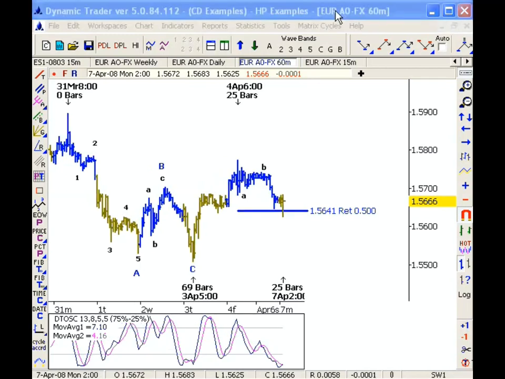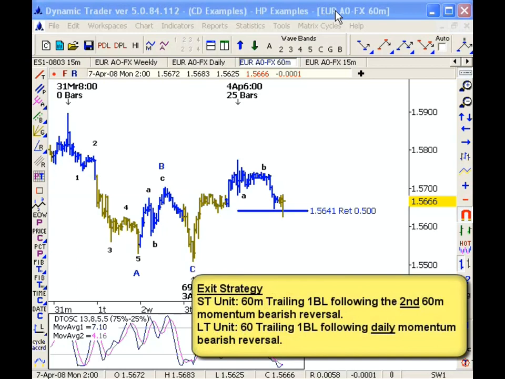Our entry strategy is going to be one of the two entry strategies we described in the book. We're going to use the trailing 1 bar high in the 60-minute data to enter our 2-unit position. For our exit strategy, we'll bring the stop up, trail it very close to the market following the second 60-minute momentum bearish reversal.